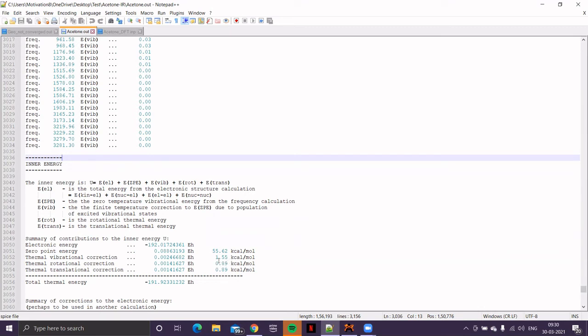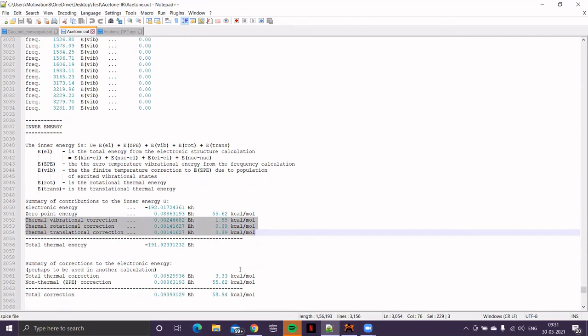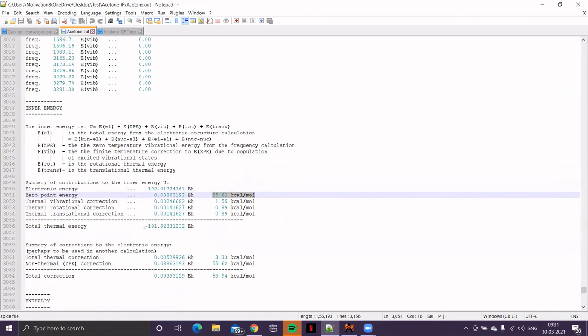So you get 0.89 kilocalorie per mole. Same for the translational motion. So the total thermal correction is the sum of these three, which is 3.33 kilocalorie per mole. The total non-thermal correction to the total internal energy is 55.62. If you sum this, you get the total internal energy. Clear?